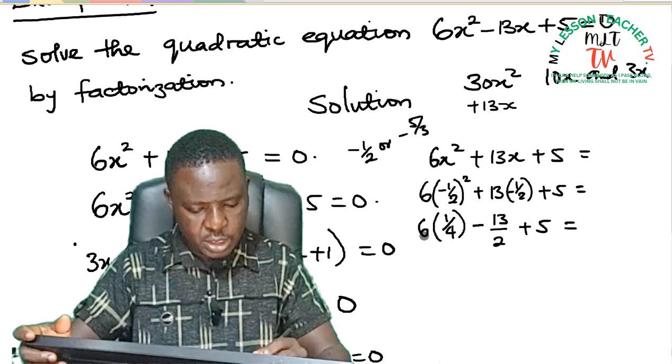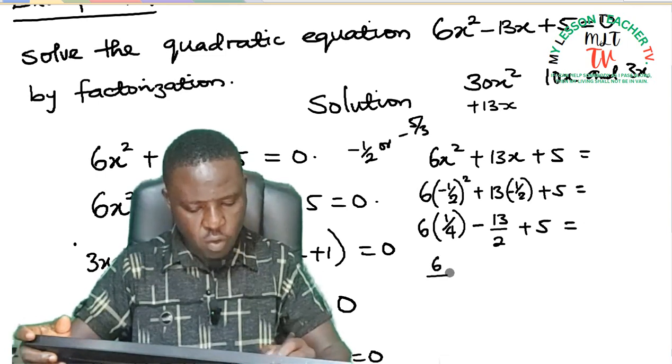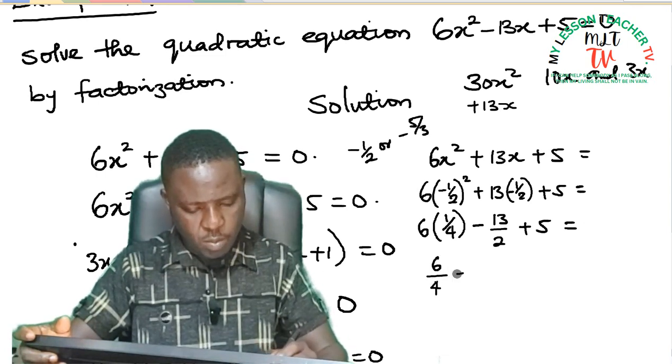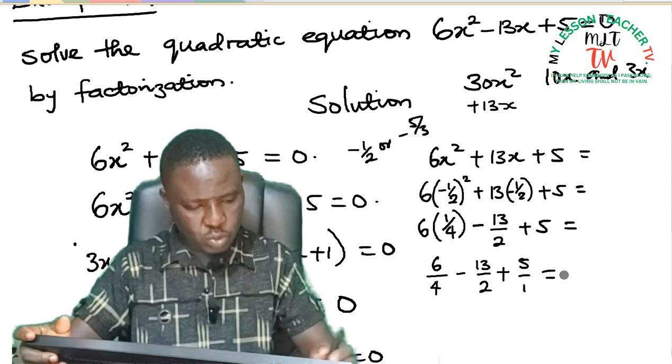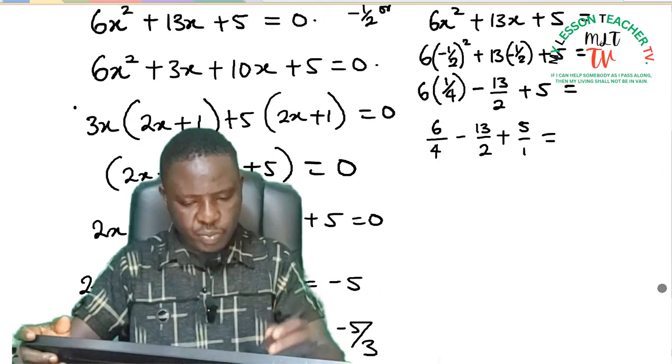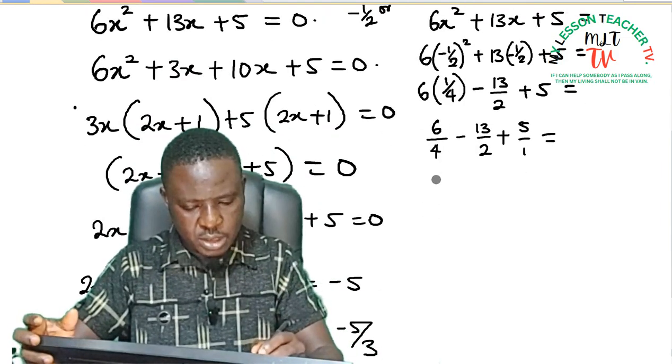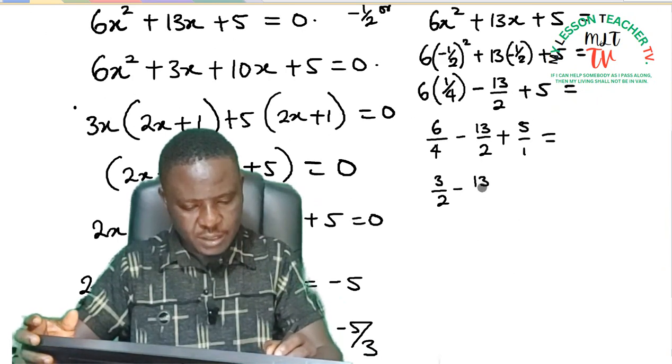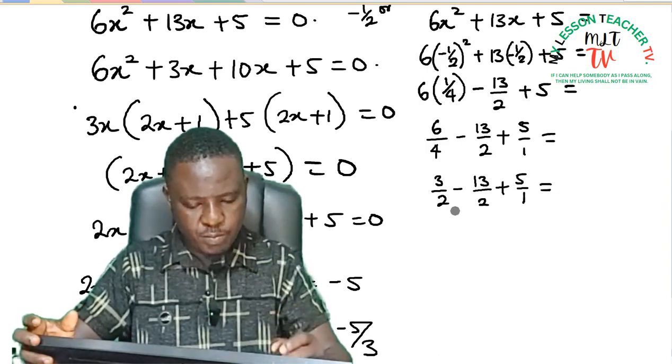Let's see. This becomes 6 over 4 minus 13 over 2 plus 5 over 1. Will it be equal to 0? This is 3 over 2 minus 13 over 2 plus 5 over 1. Will it be equal to 0?